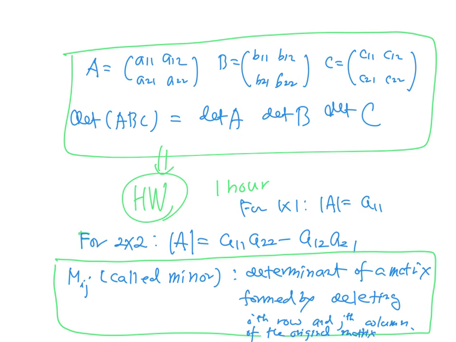So for example, let's start with 2 by 2, which is easy. A11, A12, A21, A22. Minor M11 is the determinant of the matrix after deleting the first row, first column, right? So we have a 1 by 1 matrix, which is A22.